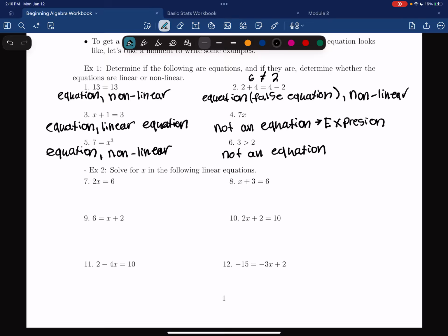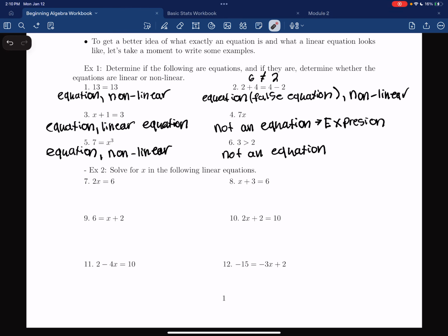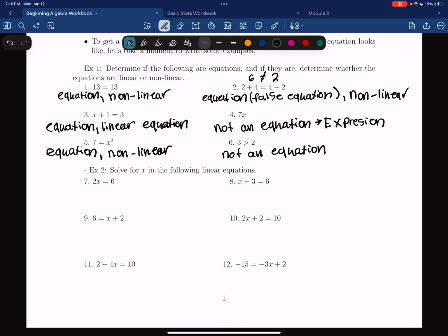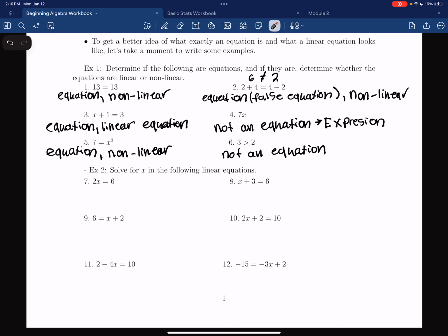Let's just think about how we could find the value of x without doing any algebra. So for the first problem, we have 2x equals 6. And x is some unknown value that we don't know.